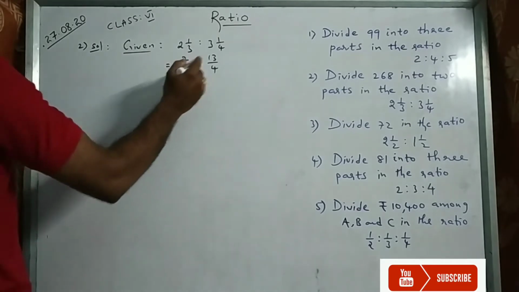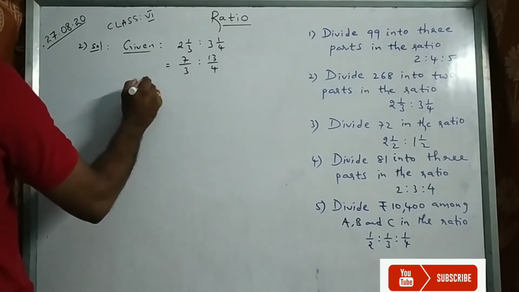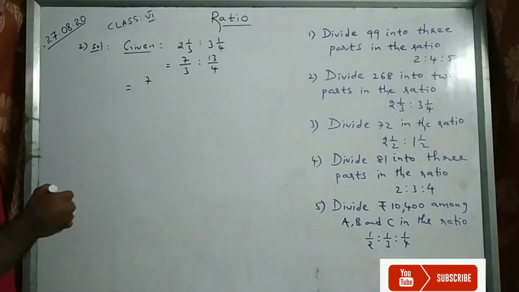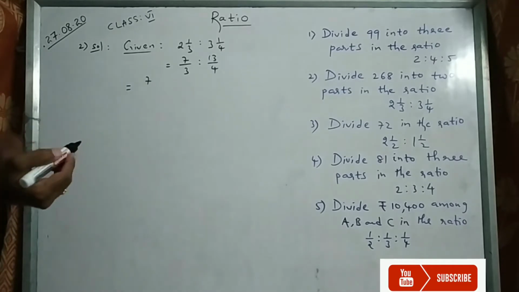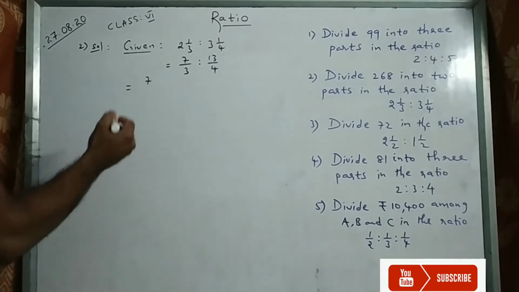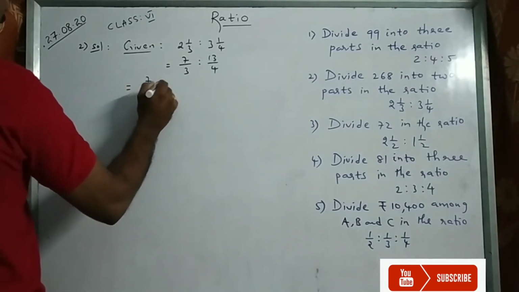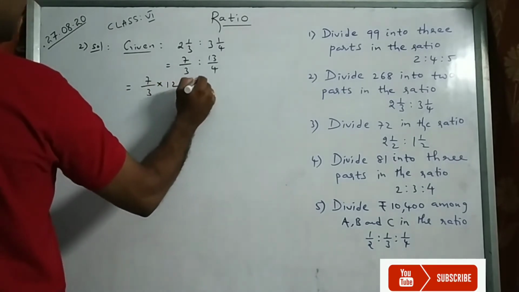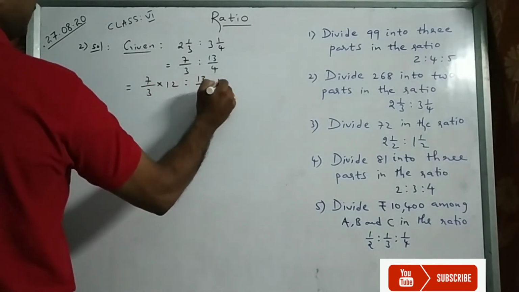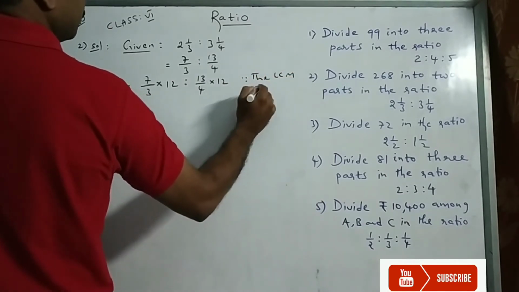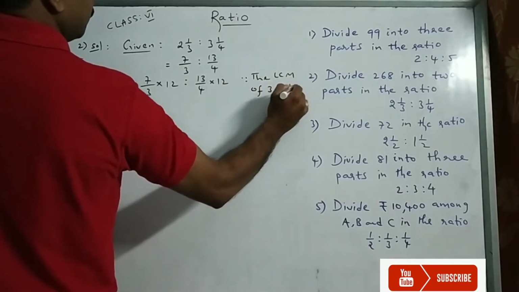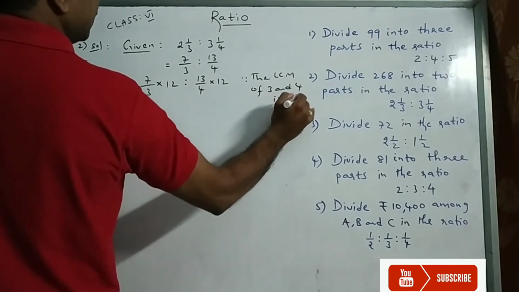Right? What did I tell you about how to simplify this? Take the LCM of 3 and 4. What is the LCM of 3 and 4? 12.